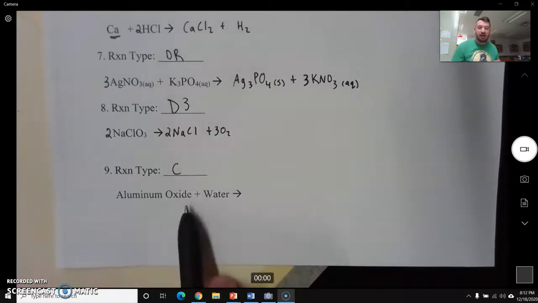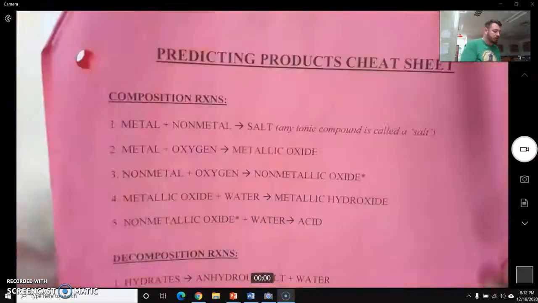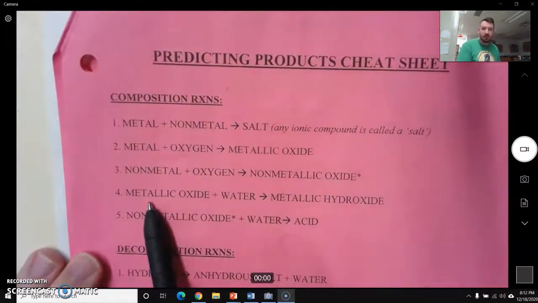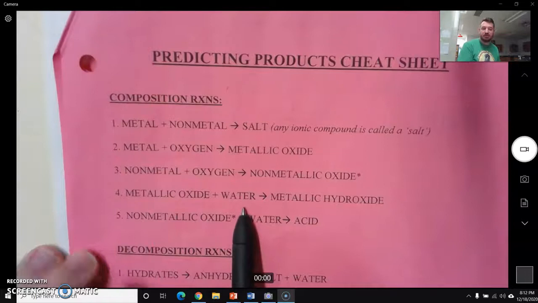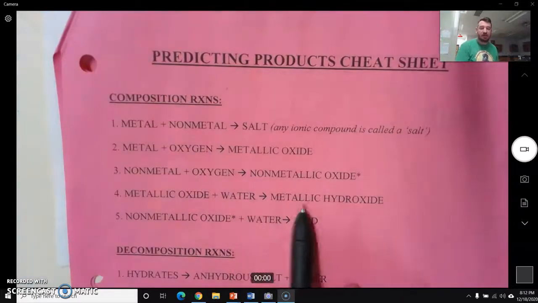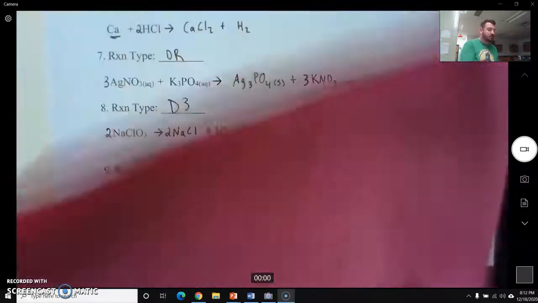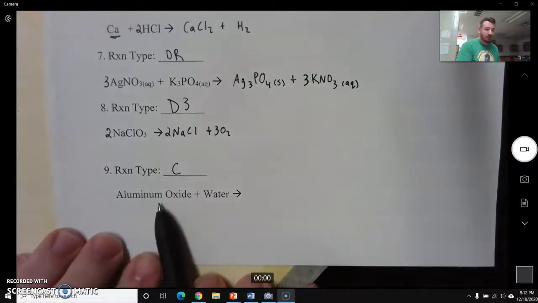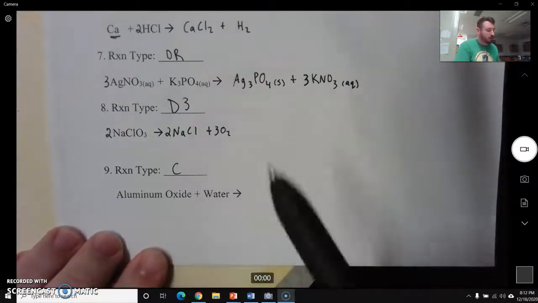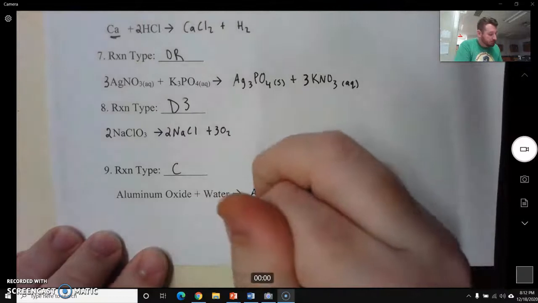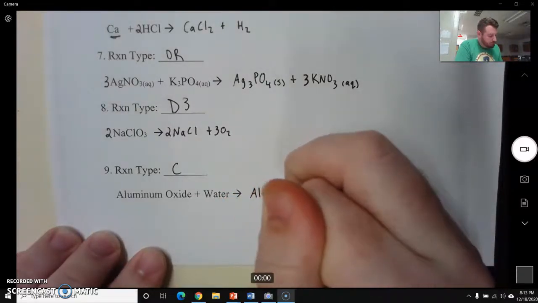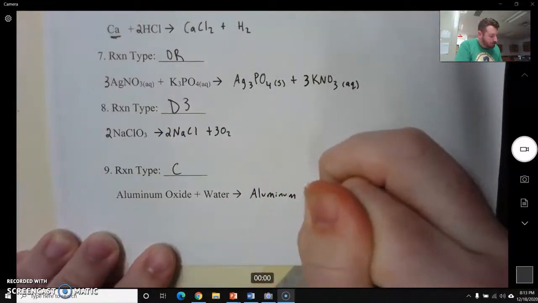So I have a metallic oxide plus water. My metallic oxide plus water is a composition 4 reaction, and my product will be a metallic hydroxide. So my metal is going to stay the same, right? I will go from having aluminum oxide plus water to having aluminum hydroxide.